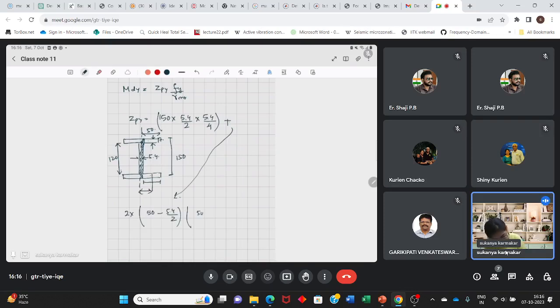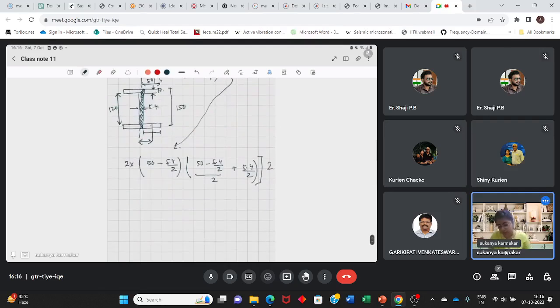It will be 50 minus 5.4 by 2, by 2, plus 5.4 by 2. And this entire number is two times of it, because of the definition.